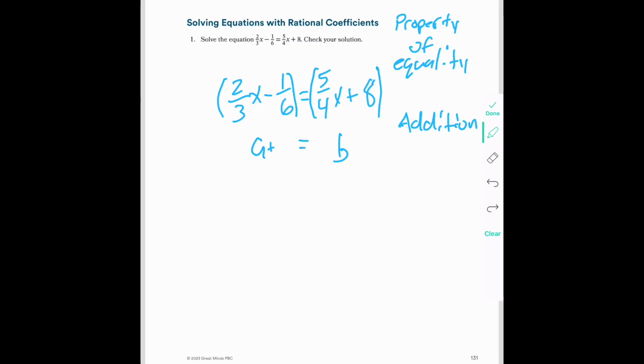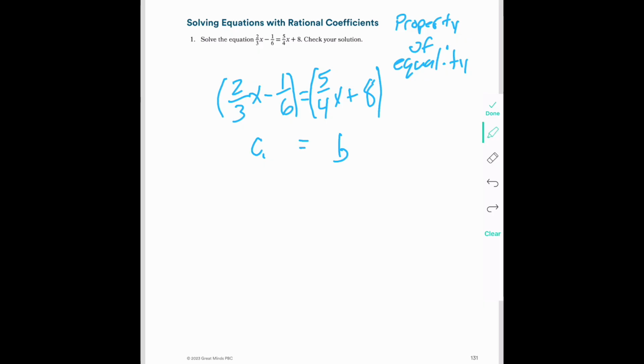Now let's talk about the property of equality with multiplication. It's not that different, it's the same concept. If I know that this expression is equal to this expression, or A is equal to B, just like with addition, but now instead of addition, we'll talk about multiplication.